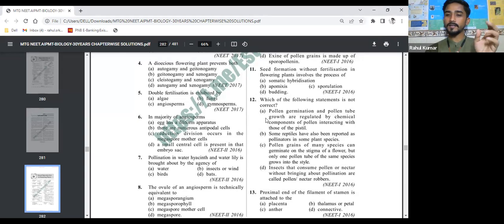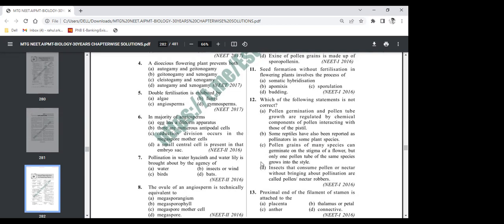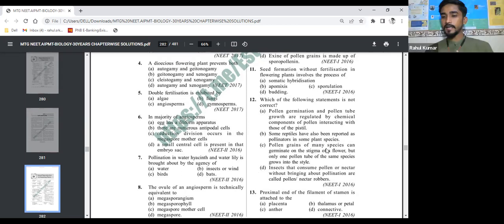Now pollen germination and pollen tube growth are regulated by chemical components of pollen interacting with pistil. Yes, that is correct. Some reptiles have also been reported as pollinators in some plant species. Yes, correct. I told you snakes are also pollinators, right? They're reptiles.